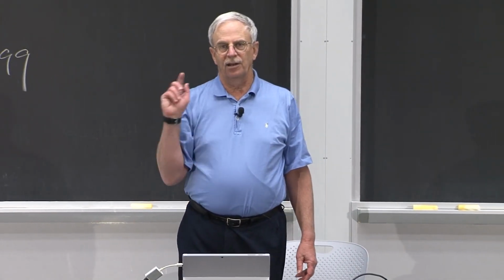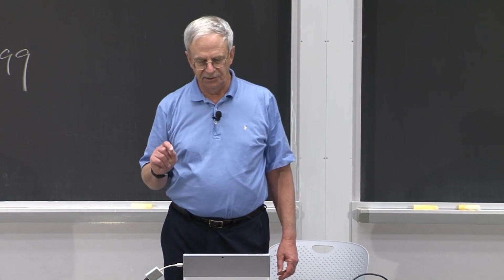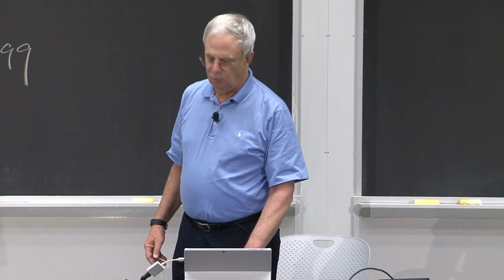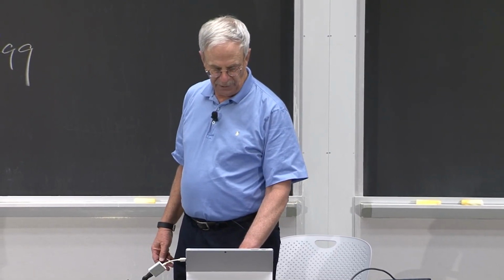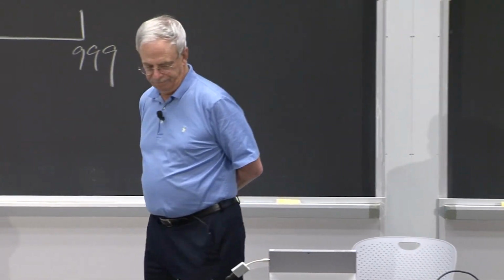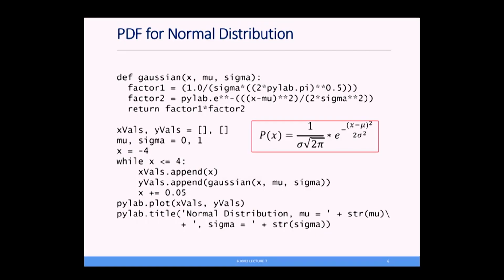And it's the area under the curve, and we'll come back to this, between those 2 points that gives us the probability of an example falling in that range. So now let's look at it for a normal distribution.